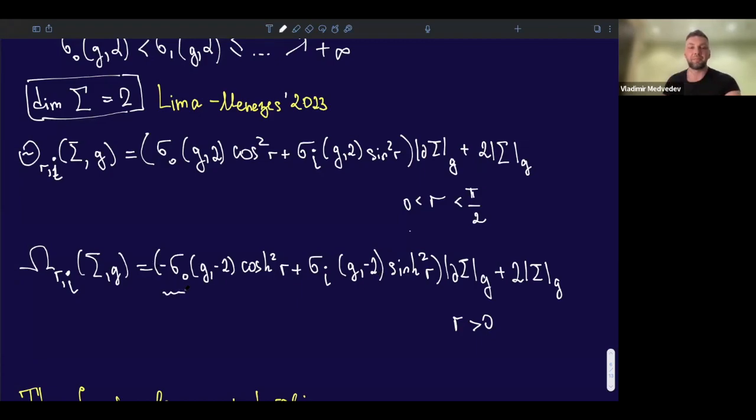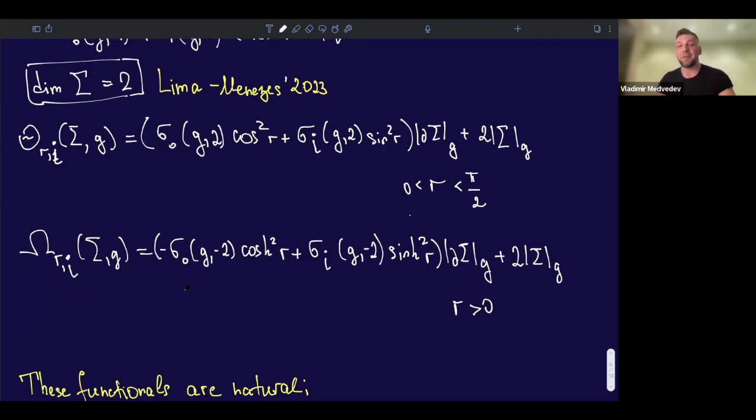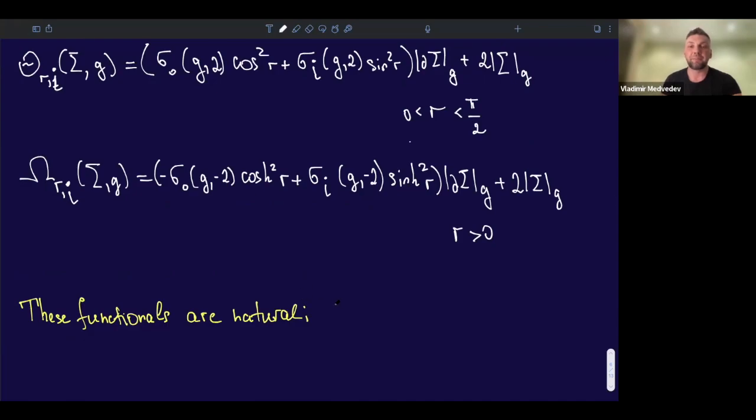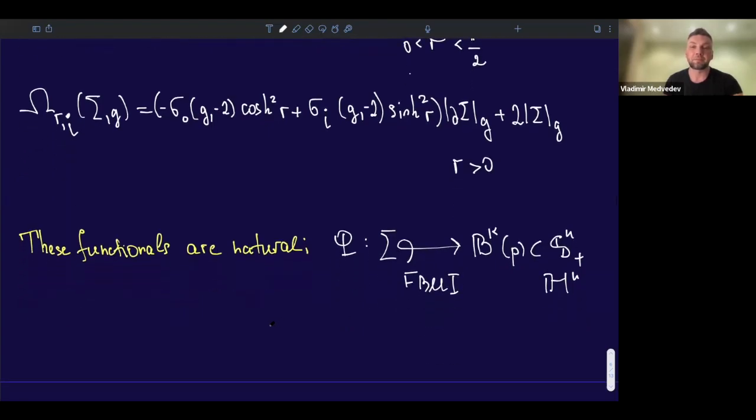And you need to take minus here. These functionals look strange, but they are natural, because if phi is a free boundary minimal immersion into the geodesic ball in the upper half sphere or in hyperbolic n space, then the energy of this functional is going to be exactly twice theta R I for some I of sigma with the induced metric.